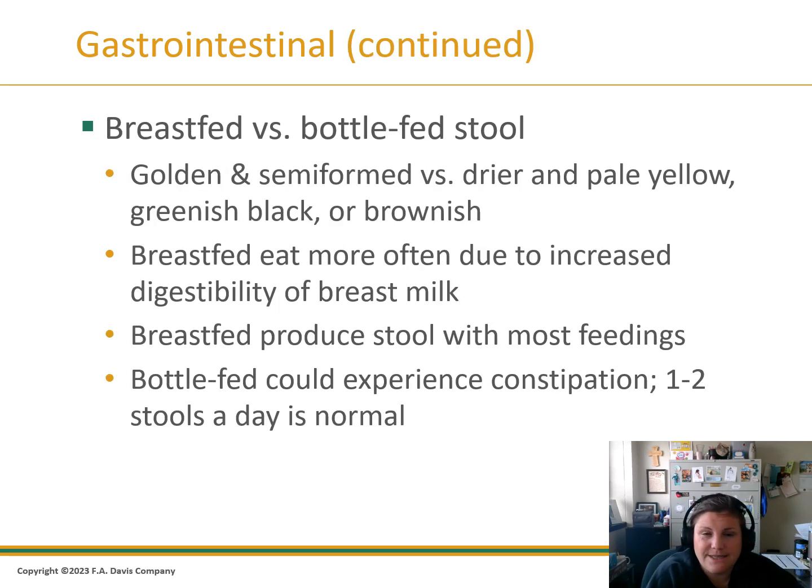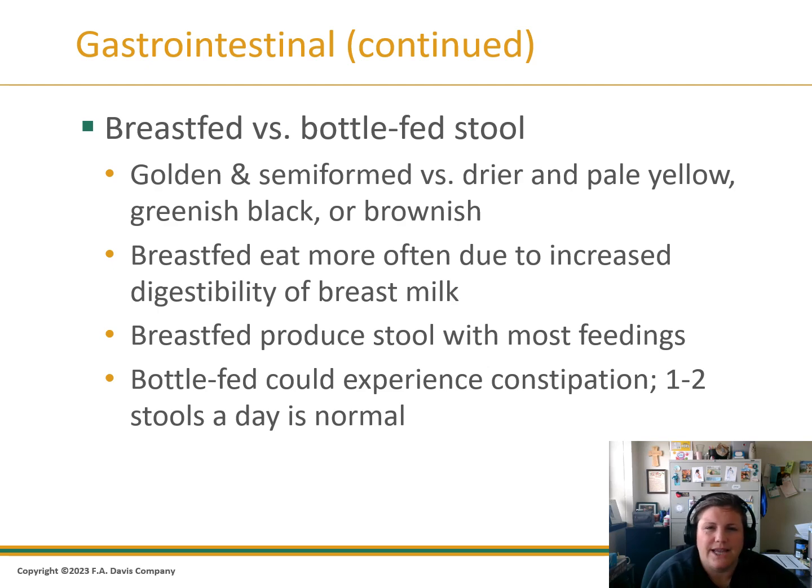There is going to be some differentiation between a child that's fed breast milk and a child that's bottle fed formula. Babies that have been given breast milk, their stools are going to generally be a golden color. They're less formed, looser, versus a child that's got formula.